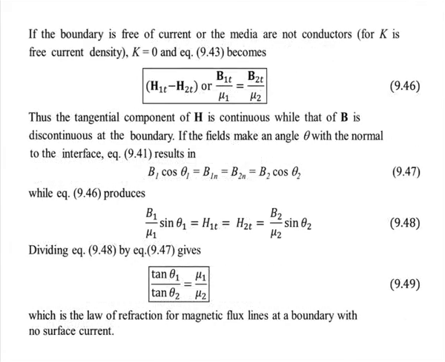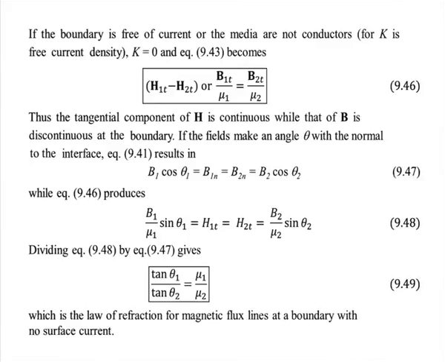If the boundary is free of any current, then equation 9.31 reduces to H1t = H2t, or B1t/mu1 = B2t/mu2. This shows that the tangential component of H is continuous at the boundary while the tangential component of B is discontinuous. Now, as can be seen in figure 9.5a, B1 makes an angle of theta1 with the normal while B2 makes an angle of theta2 with the normal.